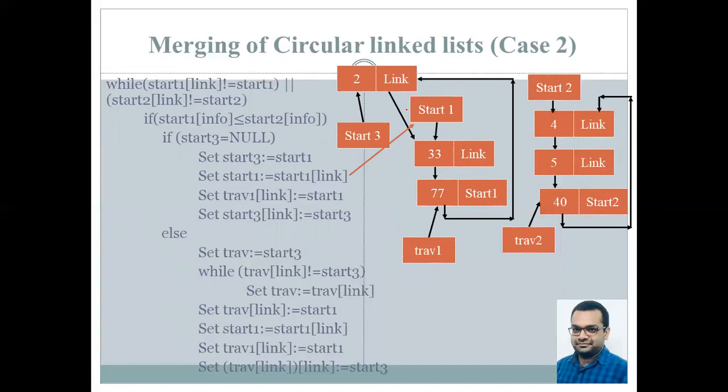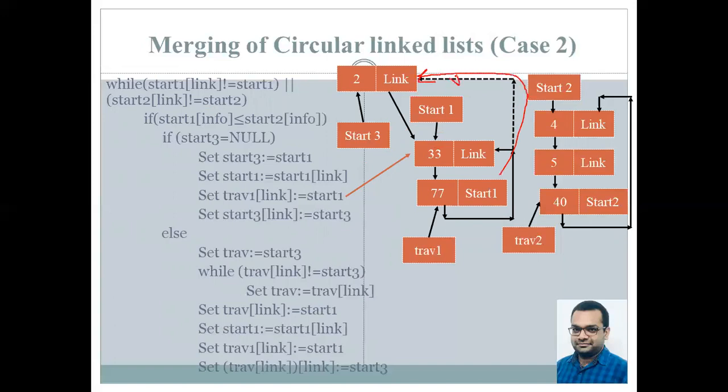So you can see over here, this node still contains the address of the second node, even though start1 is incremented and points to the second node. Earlier it was pointing over here. So now we set traversal1's link equal to start1. You can actually see over here that earlier this traversal1 was pointing over here.